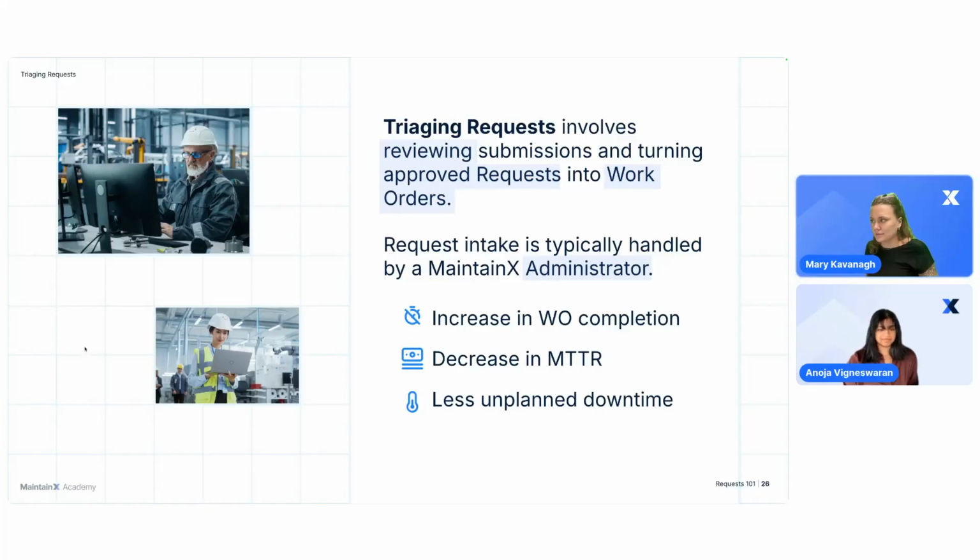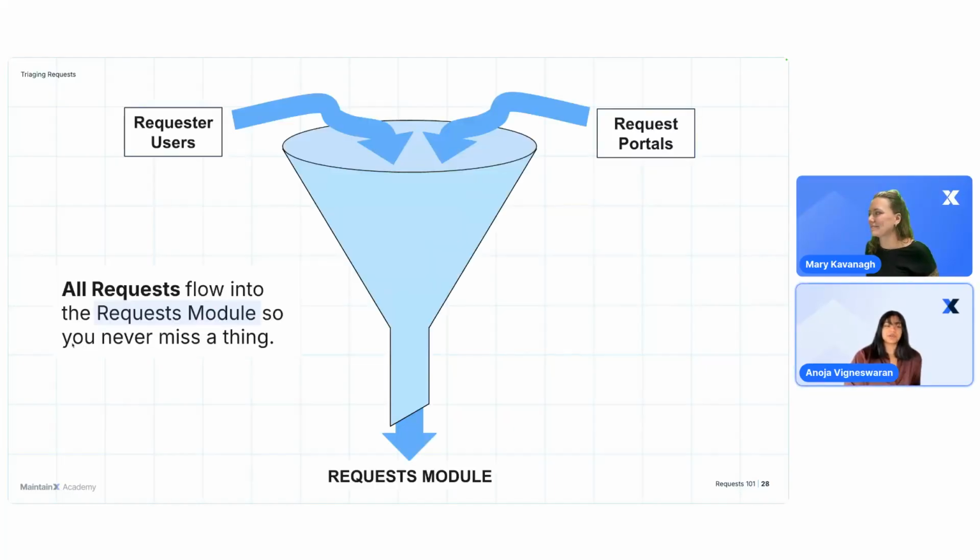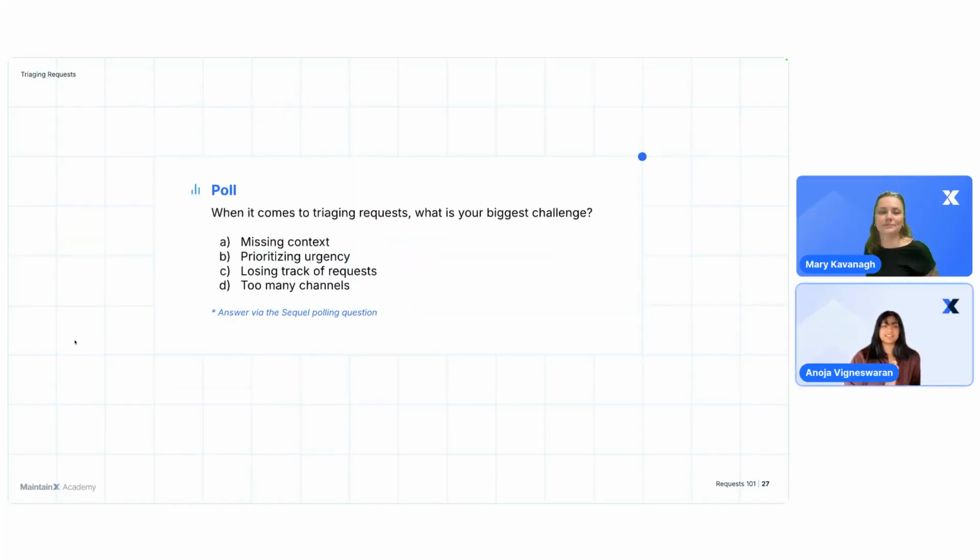Before I show you how to do that, I think we have a question for you. So when it comes to triaging requests, what is your biggest challenge? Is it missing context? Is it prioritizing urgency? Is it losing track of requests or just too many channels?